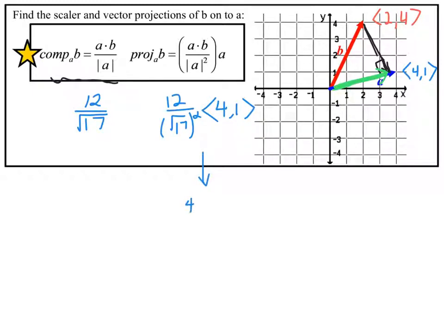This would be 48 over 17 and 12 over 17, like that. So these are the components of this green vector. 48 over 17, just over 3. 12 over 17, just under 1. So you can see those are the components of that green vector.